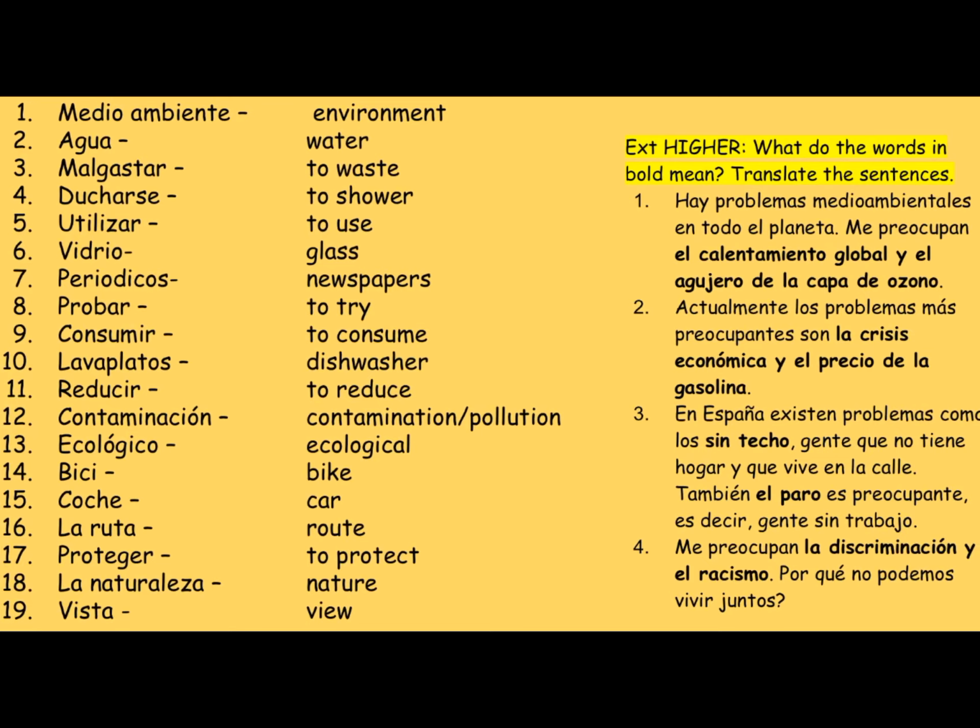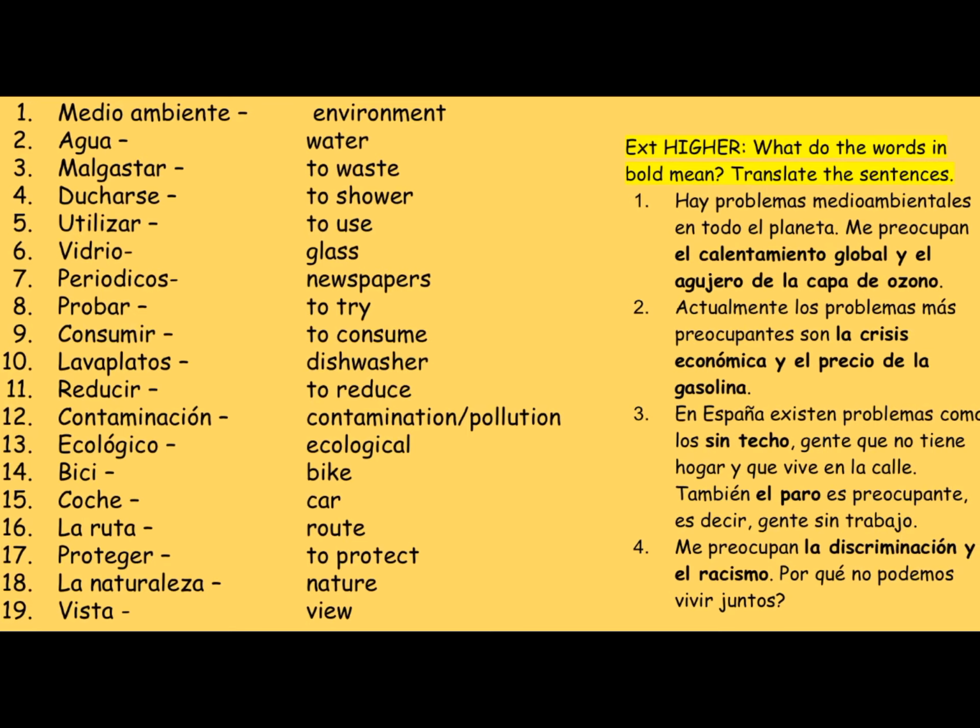Me preocupan el calentamiento global y el agujero de la capa de ozono. So there are environmental problems in all of the planet, and I'm worried about global warming and holes in the ozone layer.